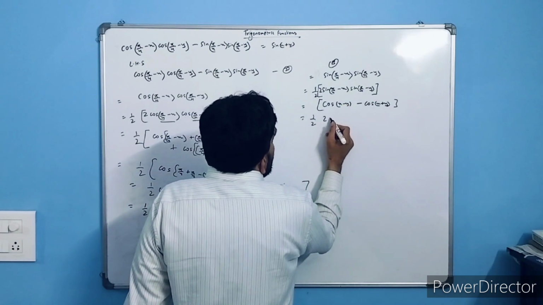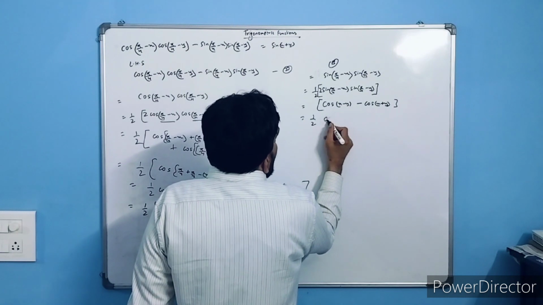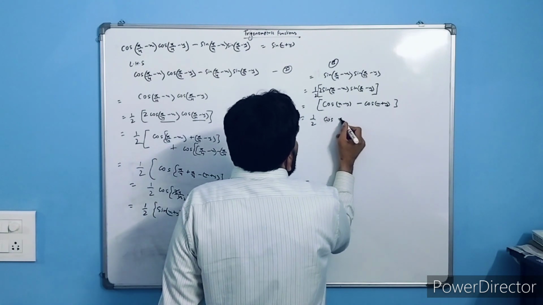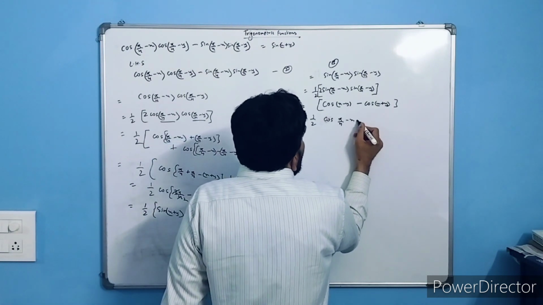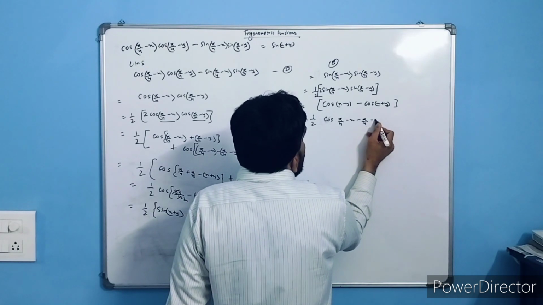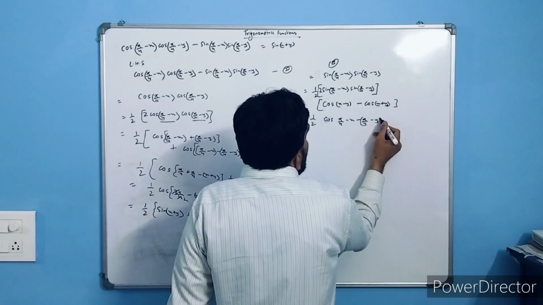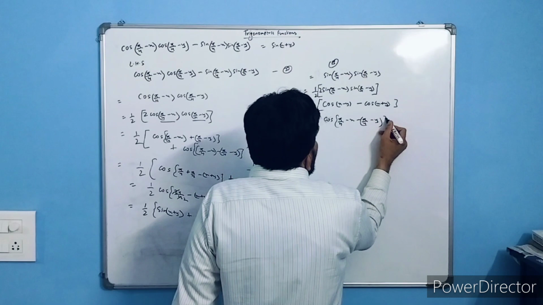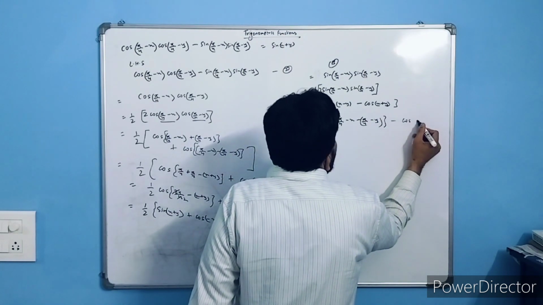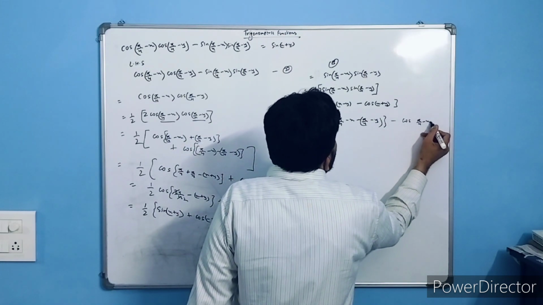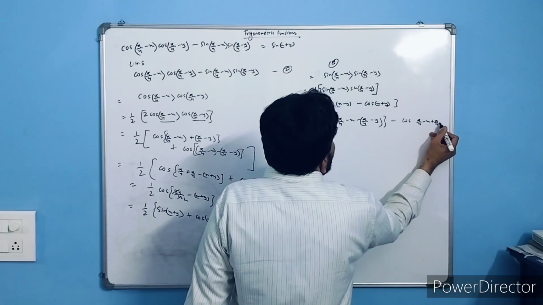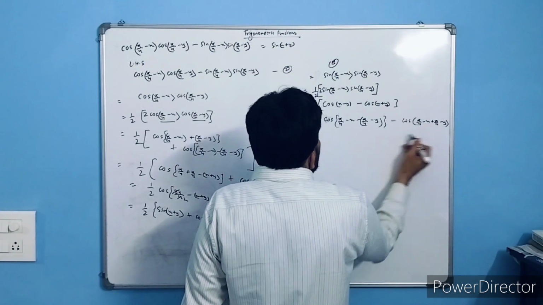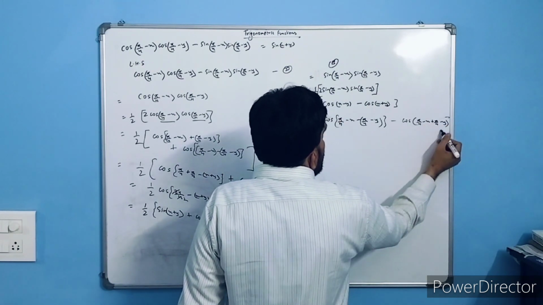Now what am I left with? cos(x−y): (π/4 − x) − (π/4 − y). Okay, so I am doing this. Minus cos(x+y): (π/4 − x) + (π/4 − y). Okay, so we need to do this.